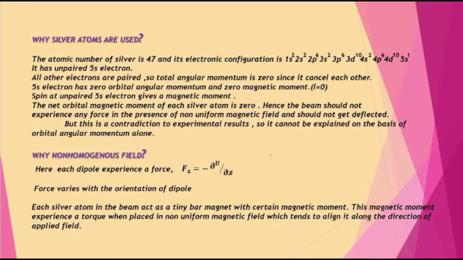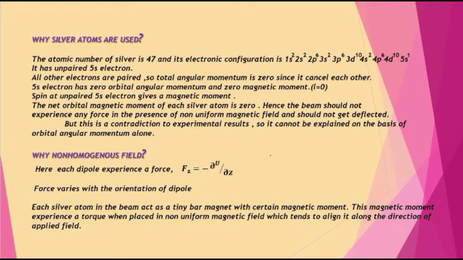The two major points that we have to discuss in this experiment are, first, why silver atoms are used. This is because the atomic number of silver is 47 and its electronic configuration is given here.